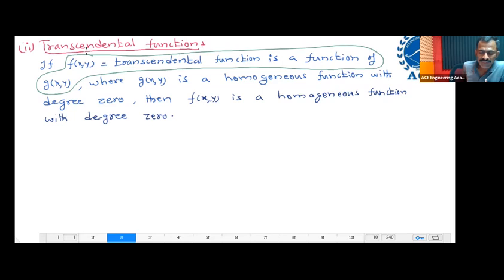When f of x comma y is equal to a transcendental function of g of x comma y, here transcendental means that may be exponential, logarithmic, trigonometric, inverse trigonometric, hyperbolic, inverse hyperbolic, anything.